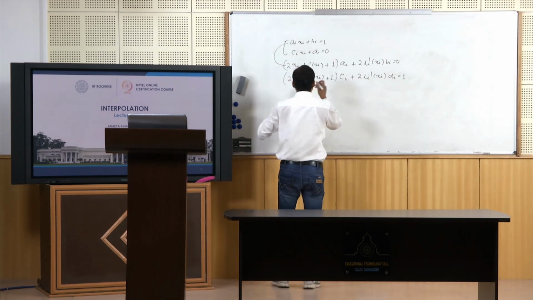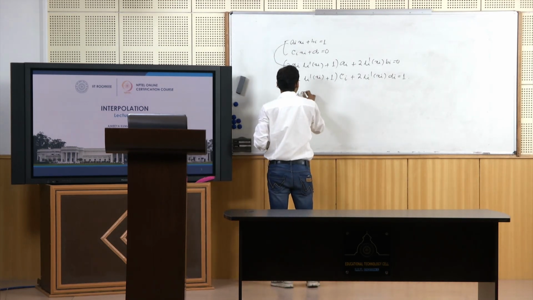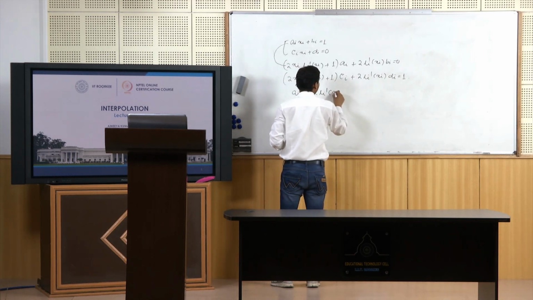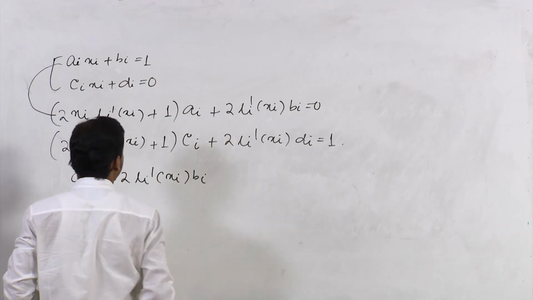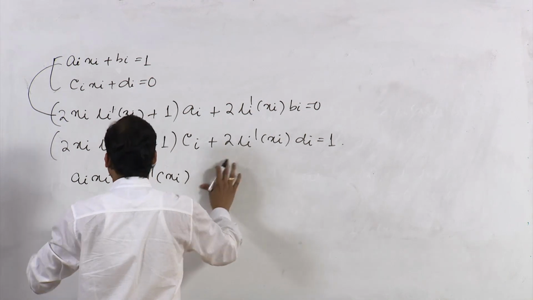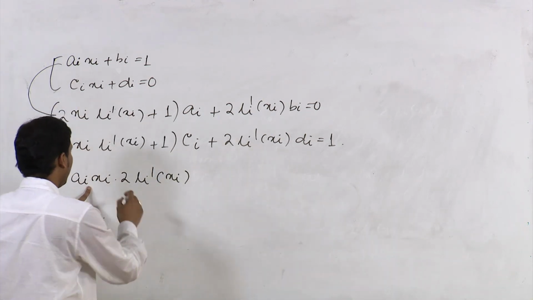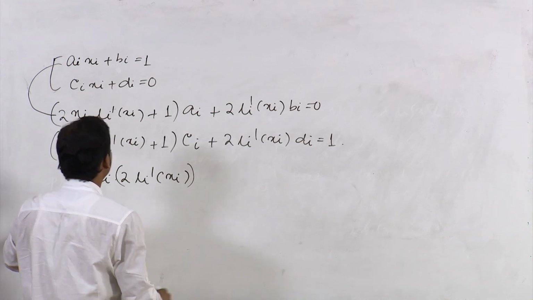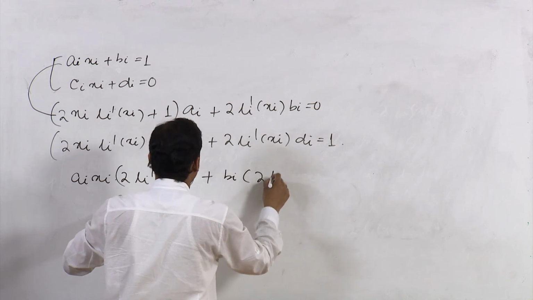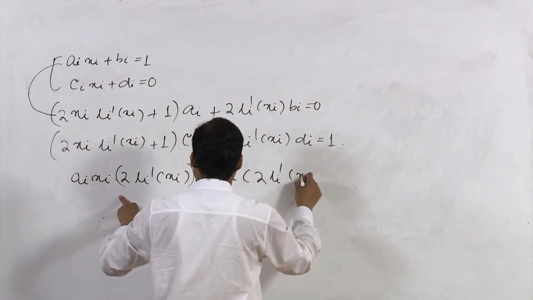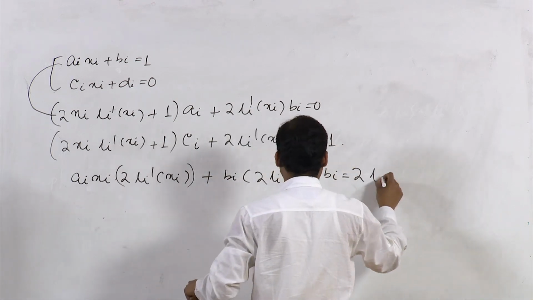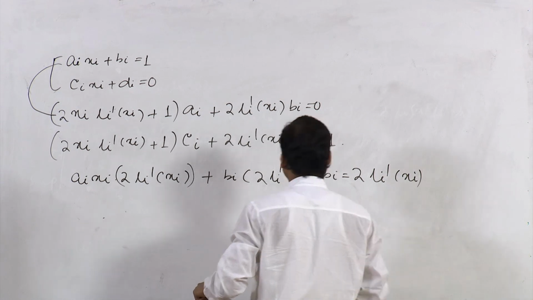So if you will just multiply, this is ai xi into multiplied by 2 li dash of xi plus we can just write bi into 2 li dash of xi into bi, this equals to 2 li dash of xi here.